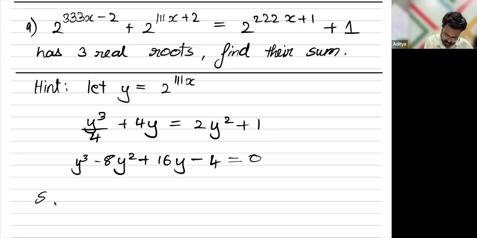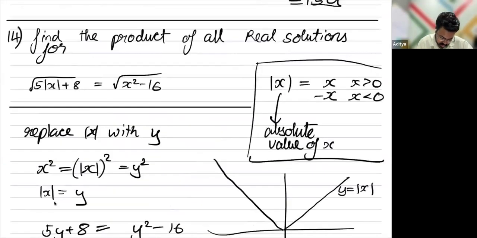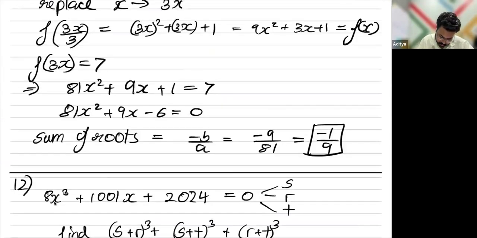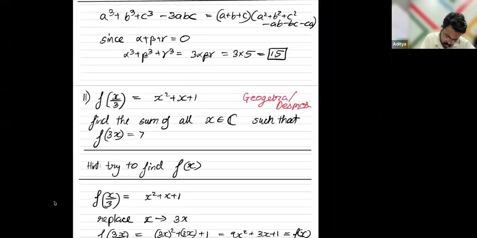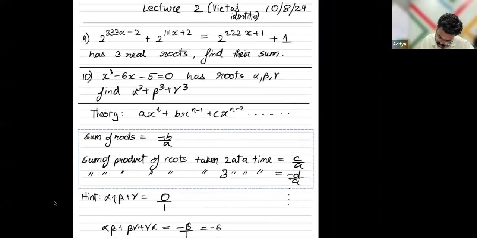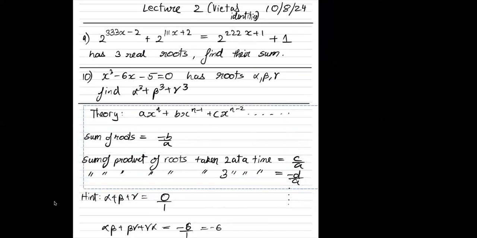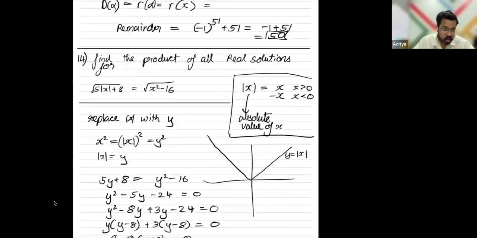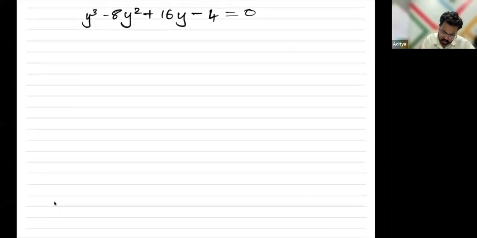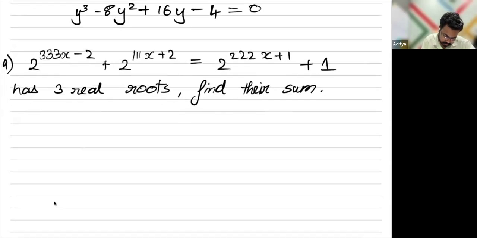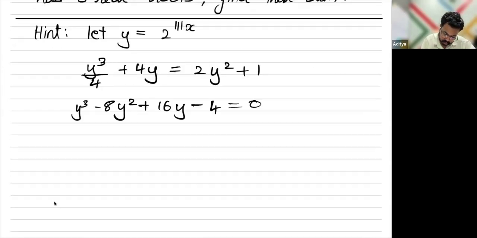Sum of roots, again, I'll copy the stuff that was written before. Sir, please explain it again. I don't understand. Sir, am I correct for 15th? 15th correct, Sumit. Very good. What is this?